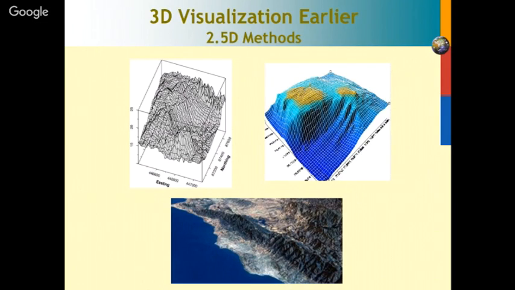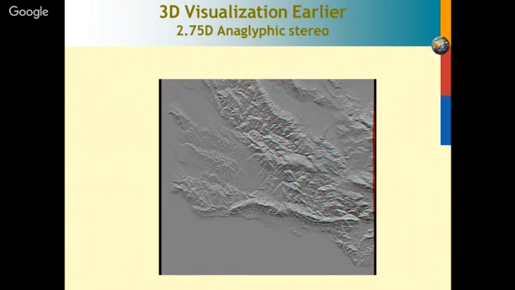Location x and y is fixed, but the attribute is taken on the z direction, and that's how the visualization of the 2.5D terrain method started. This is a relative data set where the disparity of terrain is created, and correspondingly the generations can be carried out. Later on, people started creating anaglyph stereo images.